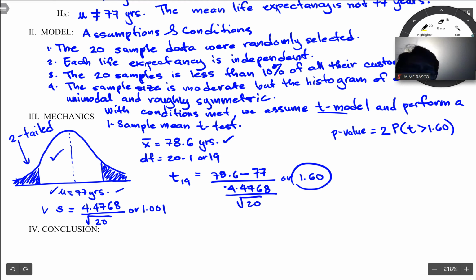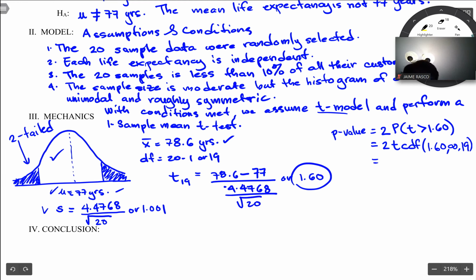Whatever this area is, I am going to multiply it by 2, because this is a two-tailed test. And so that would just be 2 times the tCDF, the area with lower bound 1.6 up to positive infinity, and then the degree of freedom 19.